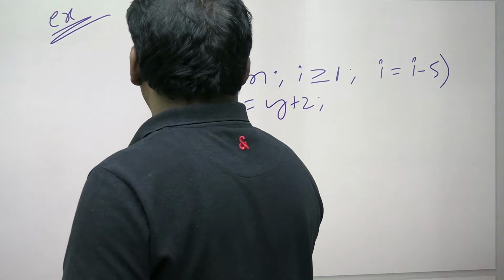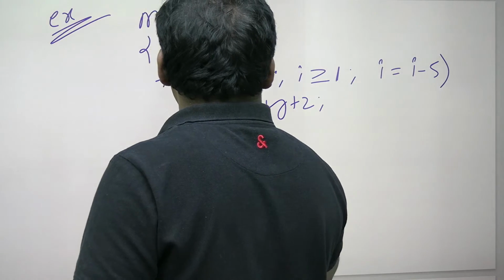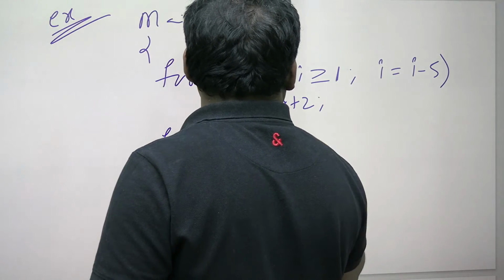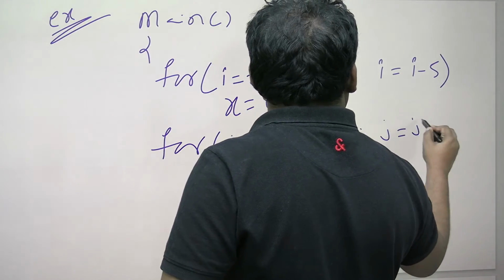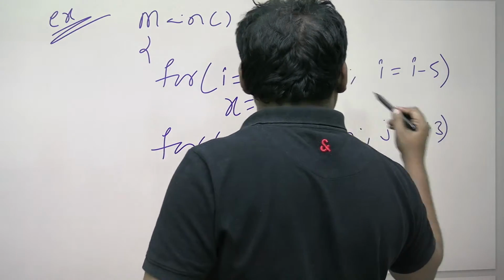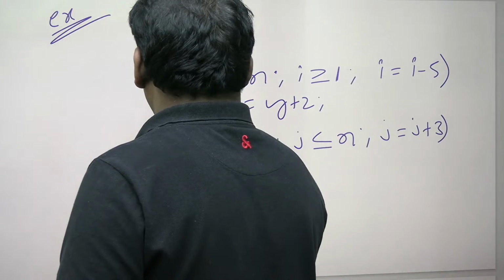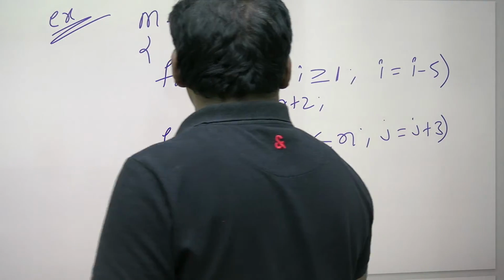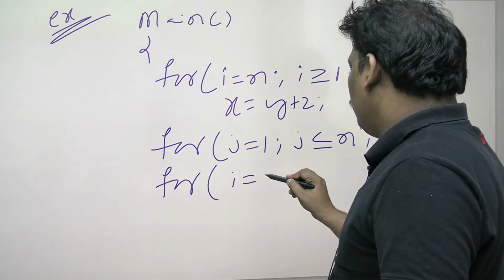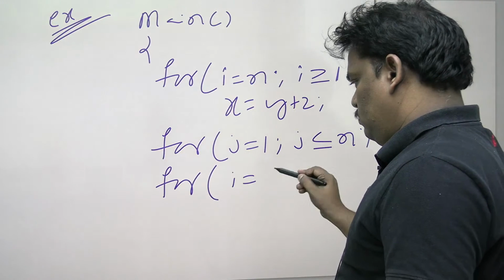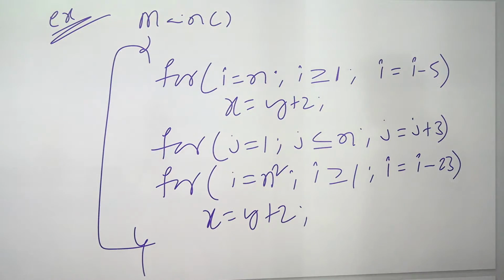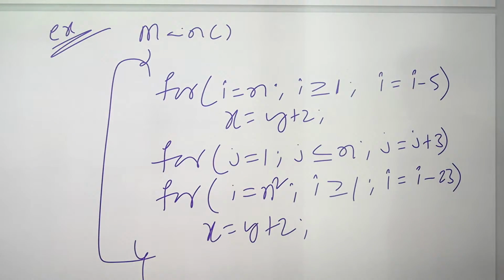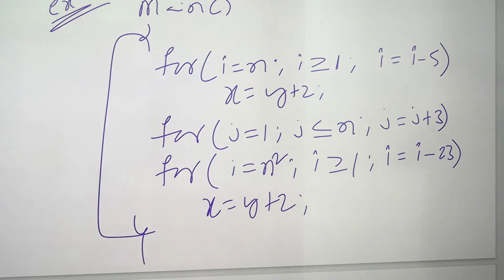For j equal to 1, j less than or equal to n, j equal to j plus 3, x equal to y plus z.